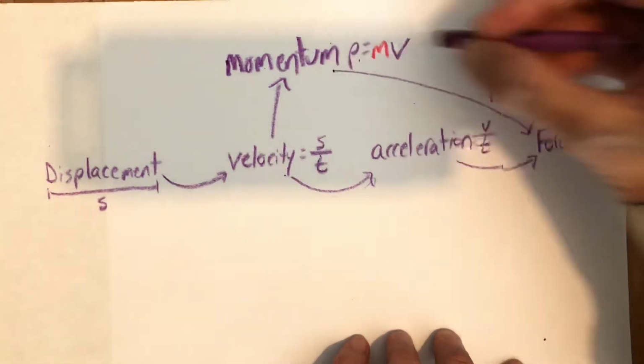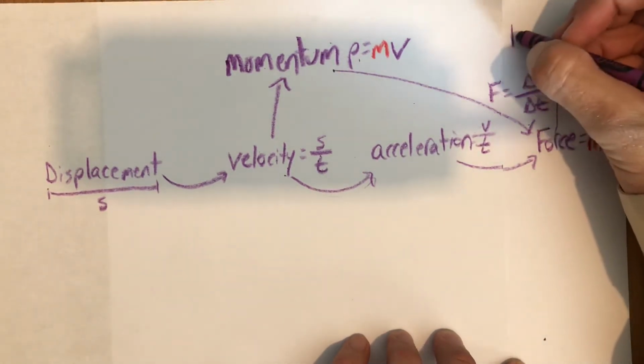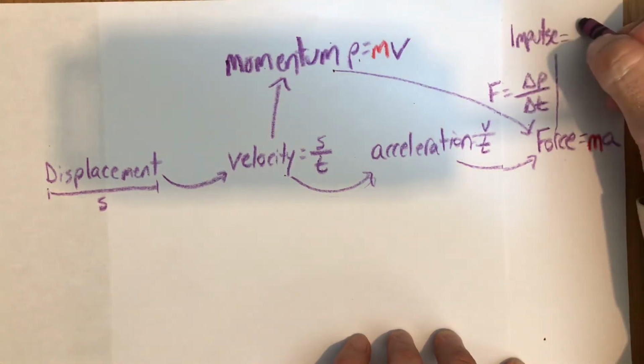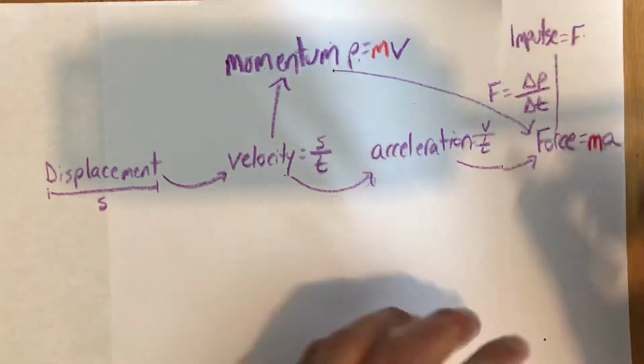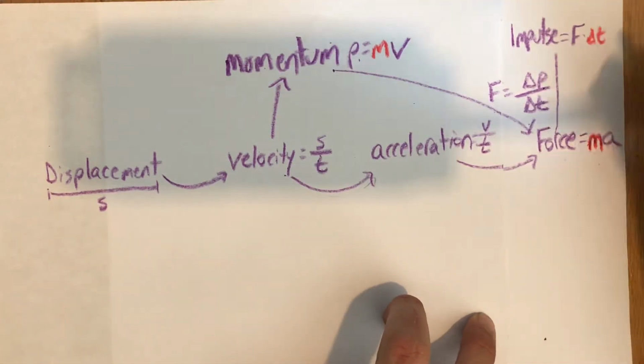Another way that force is connected to momentum is through this idea of impulse, another vector quantity. Impulse is force times the change in time.